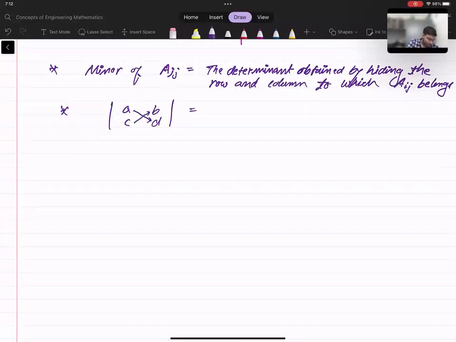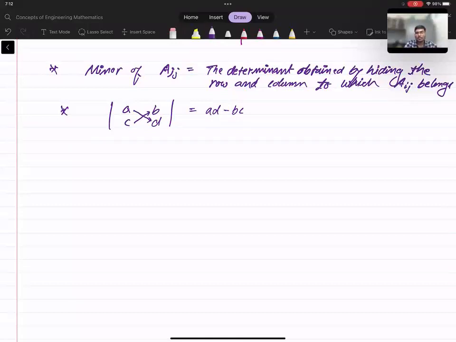So this will be AD minus BC. This gives us the scalar value of this determinant, and this particular operation is known as the expansion of determinant. This is the smallest determinant possible that we can expand.